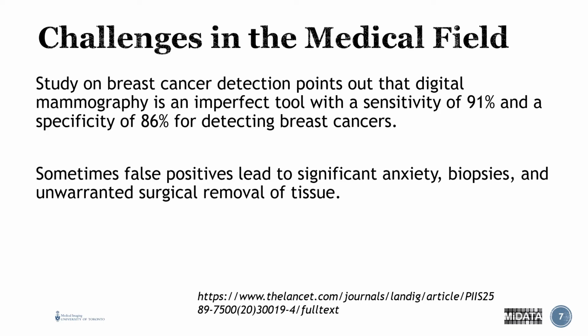So we have to be very careful that what we're replacing somebody with is going to be for sure as good or better. And that's the other challenge to this, is that when we describe a sensitivity of 91% and a specificity of 86%, you can imagine it is very dependent on the test sets.